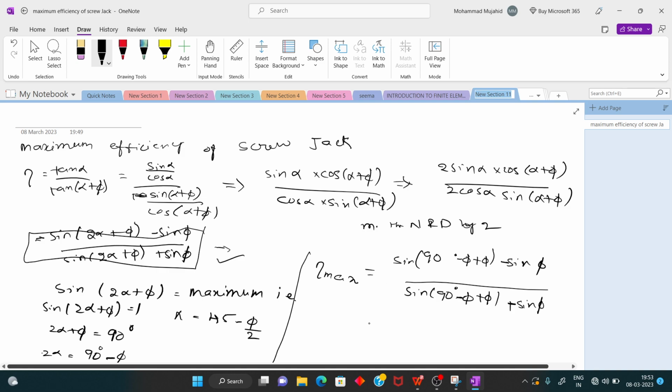Here the phi terms cancel, then sine 90 will be 1. So 1 minus sine phi by 1 plus sine phi. Maximum efficiency you can write as 1 minus sine phi by 1 plus sine phi.